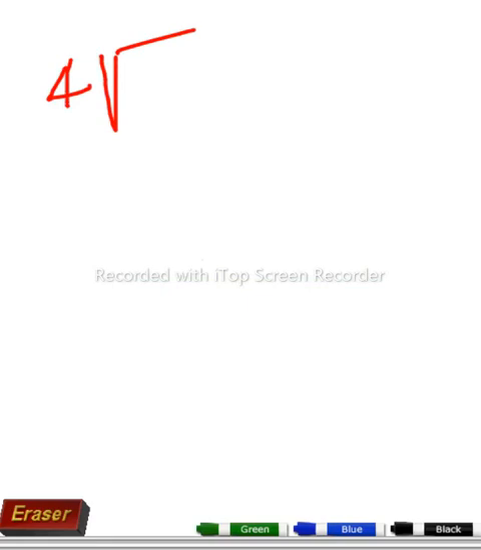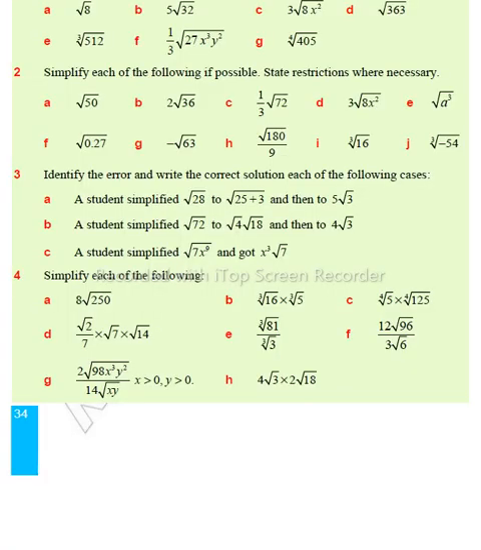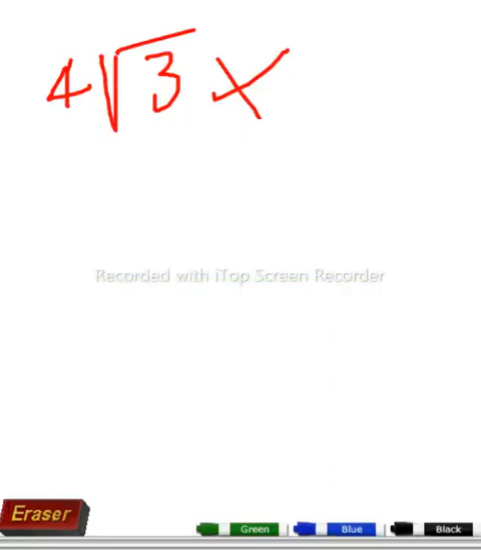The question says we have 4 square root of 3 times square root of 18.